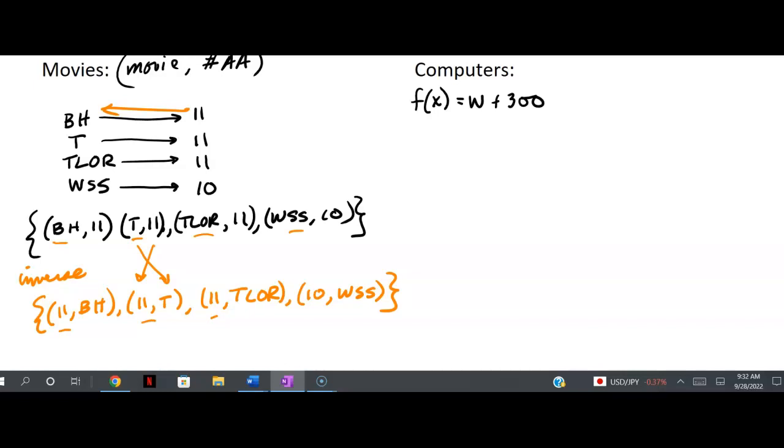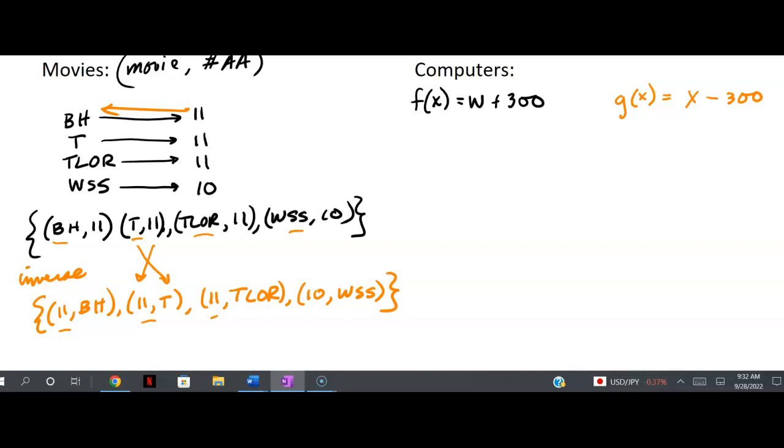A little formula there. But then let's say you have another function where you say, hey, I want to give a discount. Every computer we sell, we are going to mark off $300. So whatever our sale price is, we're going to take off $300. Now, that would be a different function.